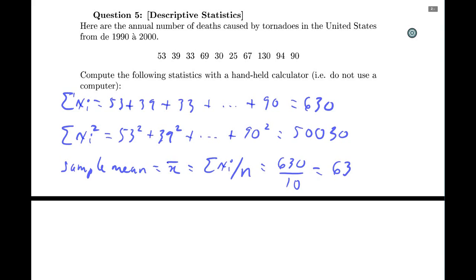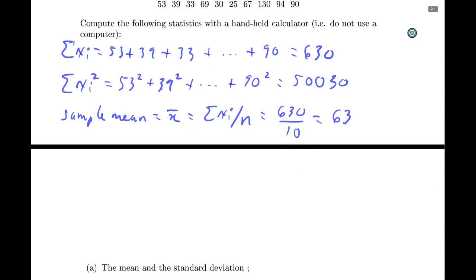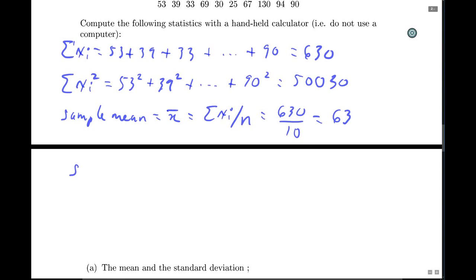And then, since not all values are constant at the center, we'll try to describe how dispersed these values are by computing a sample standard deviation. Okay, so first thing we'll do is we'll use a shortcut formula, and so what we'll do is we'll compute the sample standard deviation as the square root of the sample variance.